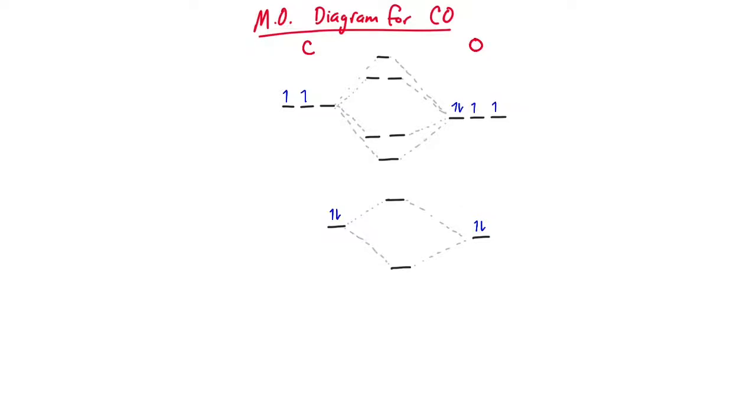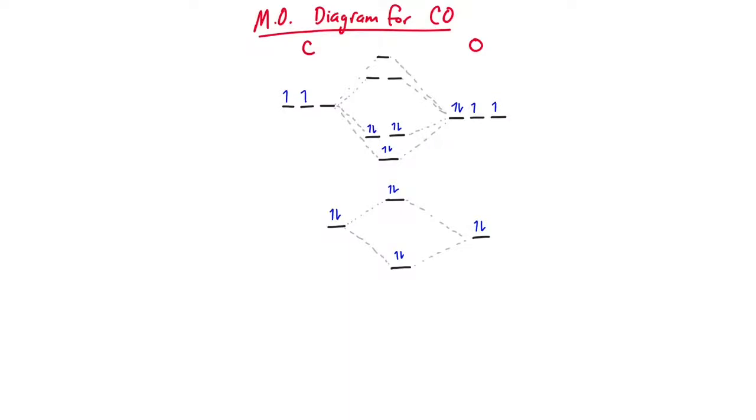So that gives us a total of 2, 4, 6, 8, 10 electrons to deal with. So we're going to go ahead and start putting them into the molecular orbitals, and we're going to do that by placing 1, 2 until the energy levels are full, and we'll work our way up here. And so that's 5, 6, 7, 8, 9, 10.